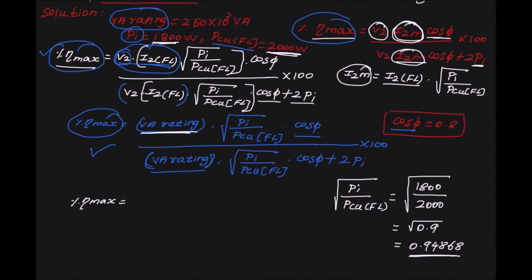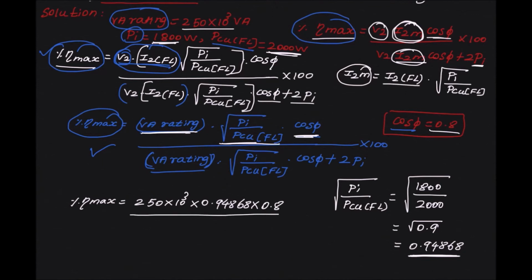First we substitute the VA rating, which is given as 250 into 10 power 3, into root of Pi divided by P copper full load, that is 0.94868, into cos phi.